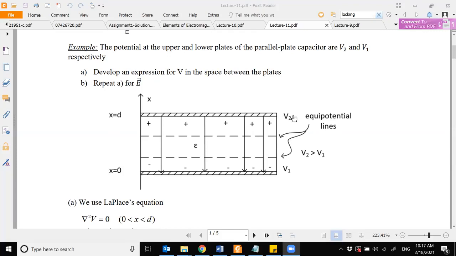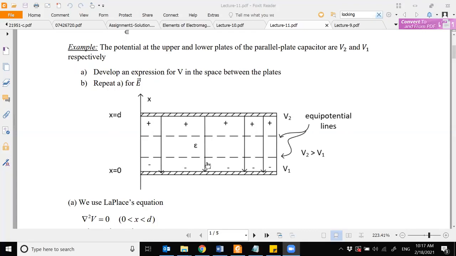Remember, when potentials are given to you, from the potentials we are going to find the capacitance. Here we don't know the charge on these plates, but we only know at what potentials these plates are kept. V2 is greater than V1, which means this is at a higher potential and this is at a lower potential.